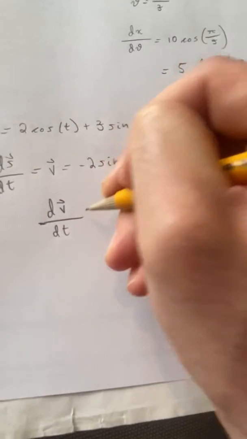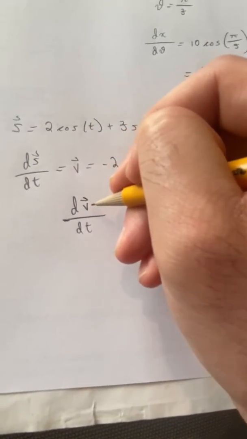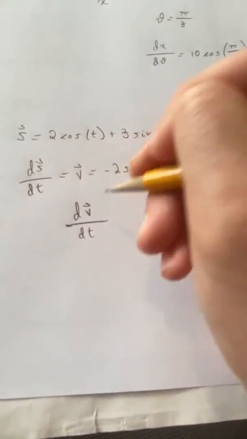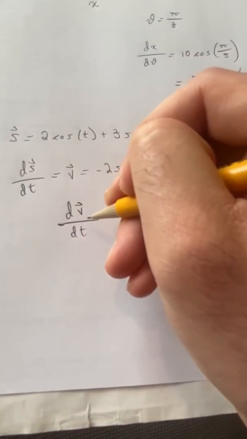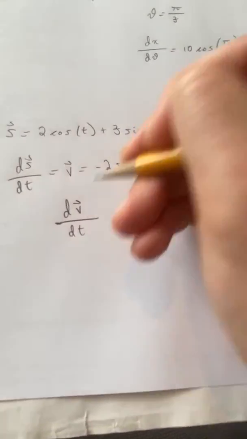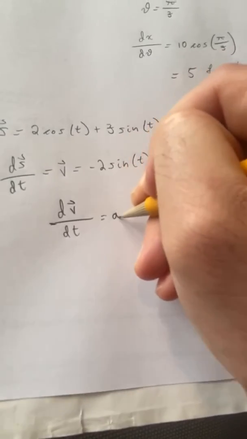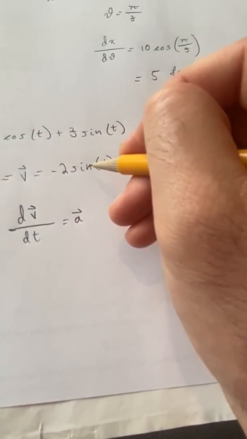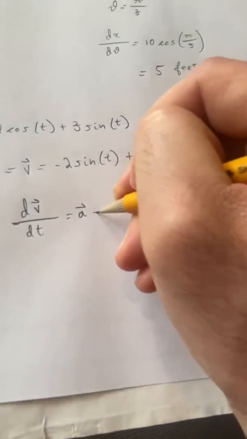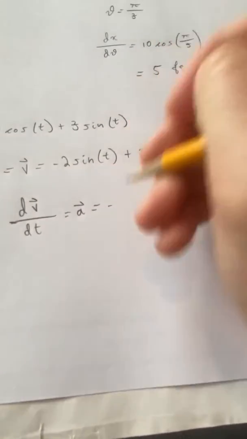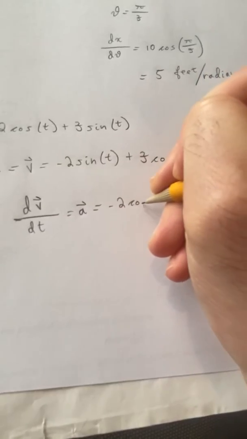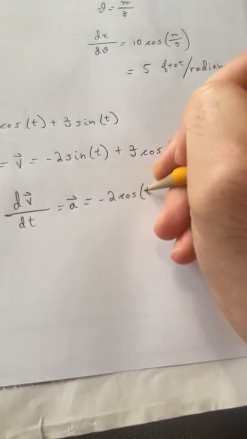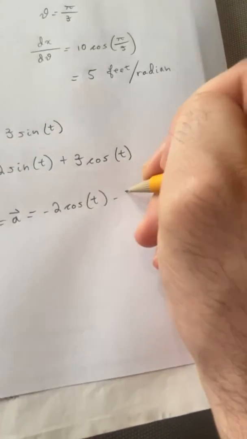We have a change in velocity, so that's units of meters per second or feet per second, over seconds. So it's feet per second squared or meters per second squared, units of acceleration. So we just take the second derivative. In this case, the derivative of this is going to be minus 2 cosine t, and here we're going to have minus 3 sine t.